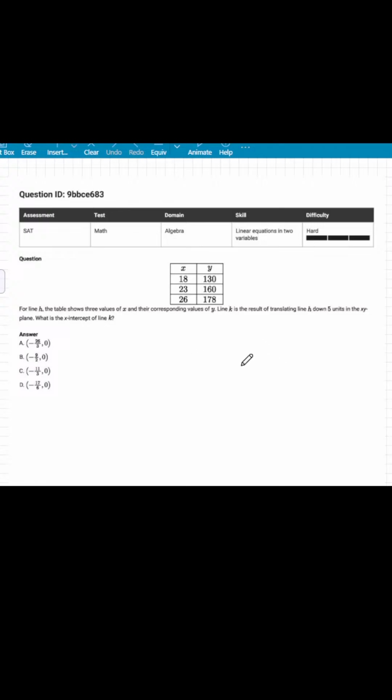So we have two lines. One is line H, and suppose these are the x and y axes. So we have the x-axis and the y-axis, and then this is the line H, and there is another line called line K, which has been created by translating line H down 5 units in the xy plane.